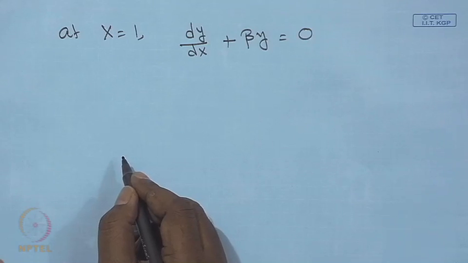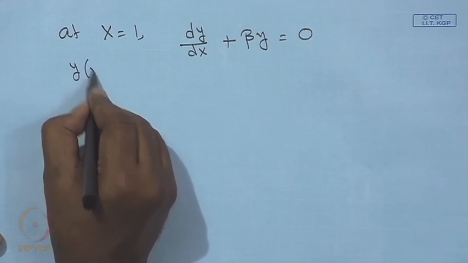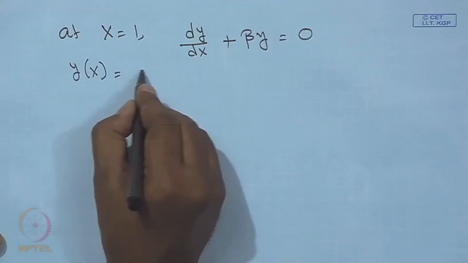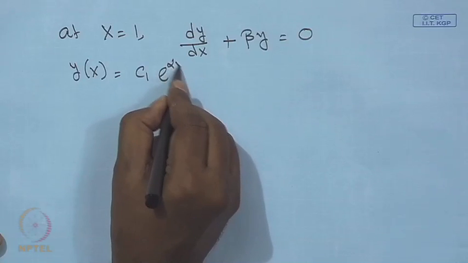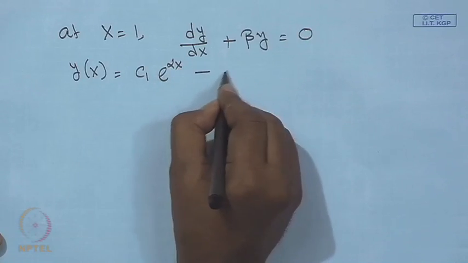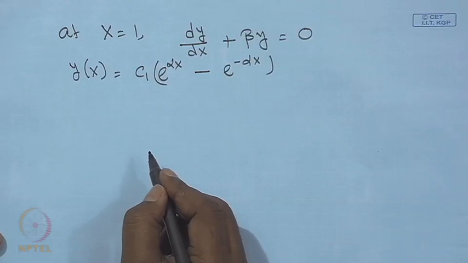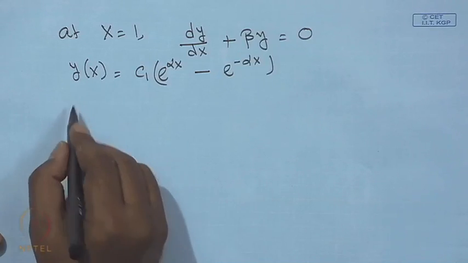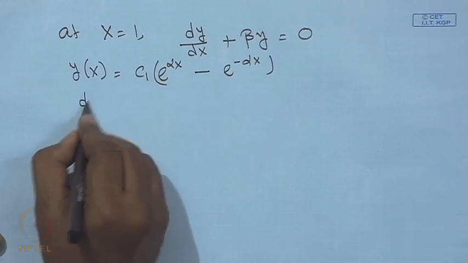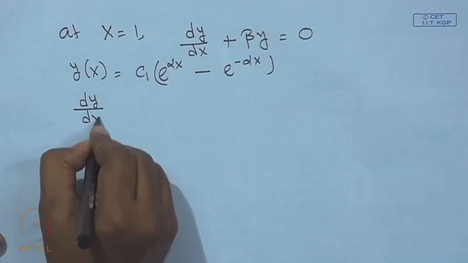So, let us evaluate. If you look into the solution, y as a function of x is C 1 times e to the power alpha x minus e to the power minus alpha x. So, we evaluate dy dx and see what we get.